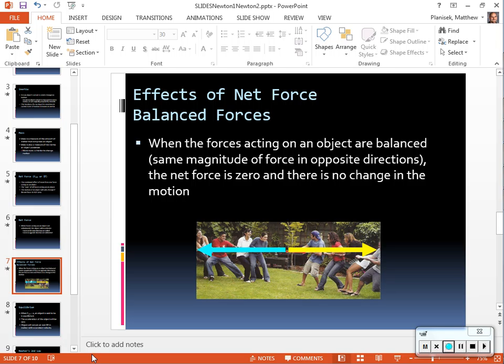And then we said that the description of that is called equilibrium. Okay? But if we looked at these two forces compared to each other, they would have to have the same what? Magnitude, but different direction. And that's how we end up with a net force of zero.